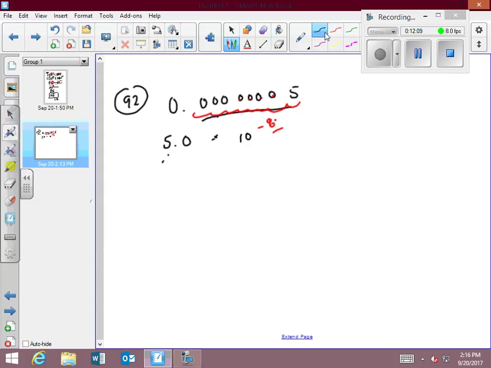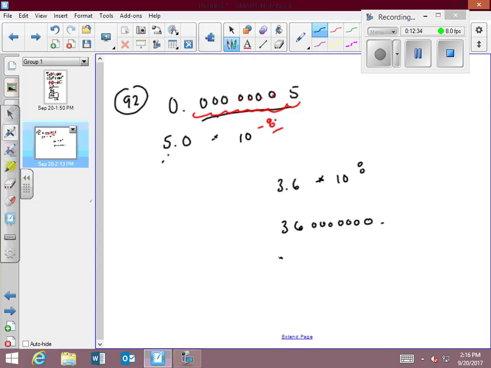That system will work. I'll give you an example. If you have 3.6 and you have 10 to the 8th, then you would do 3, 6, and do 7 zeros and move your decimal.